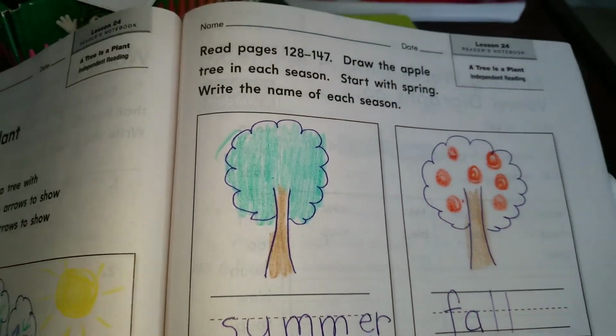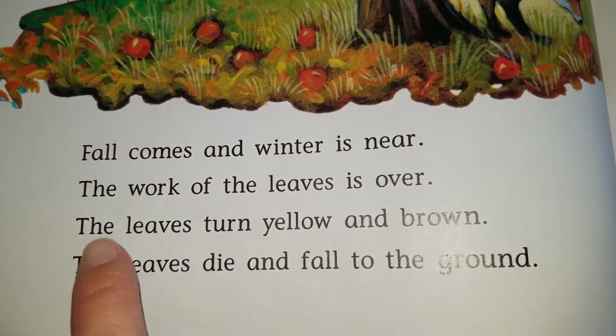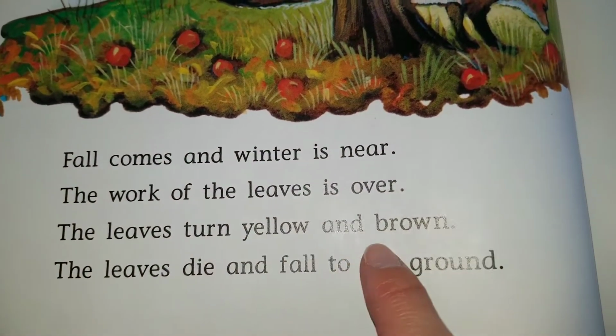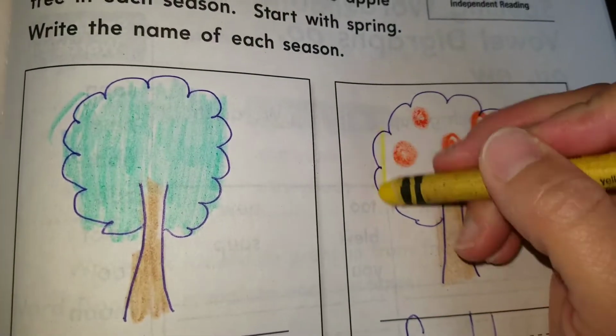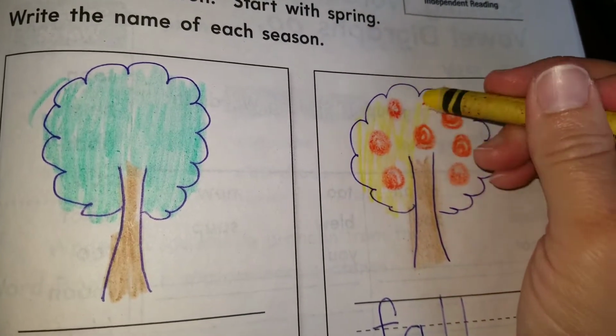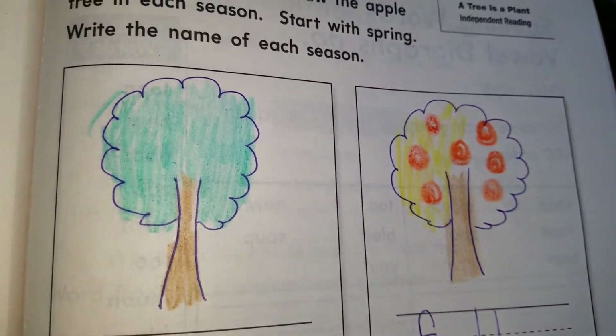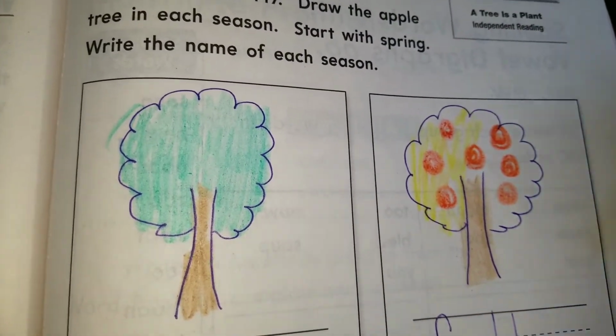They said that the leaves change color. What color did the leaves change to? It says the leaves turn yellow and brown. So let's go back, and we're gonna mix yellow and brown. The apples are there already, right? Let's mix a little bit of yellow and brown.